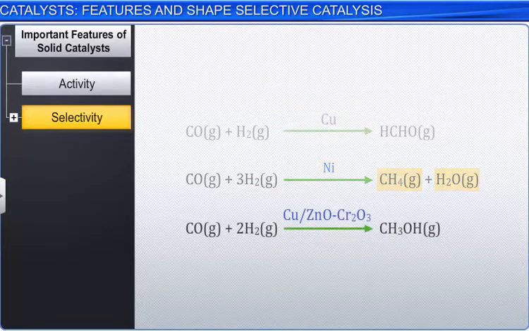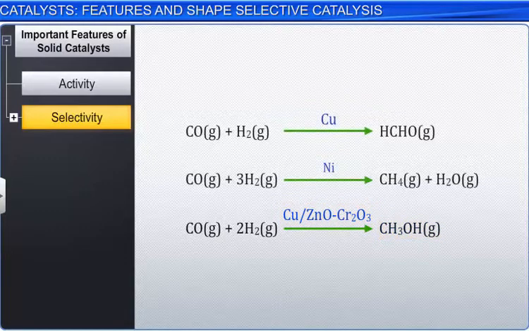In the third reaction, carbon monoxide reacts with hydrogen in the presence of copper and zinc oxide with chromium oxide as the catalyst to form methyl alcohol. We can see that carbon monoxide and hydrogen react to form different products in the presence of different catalysts.